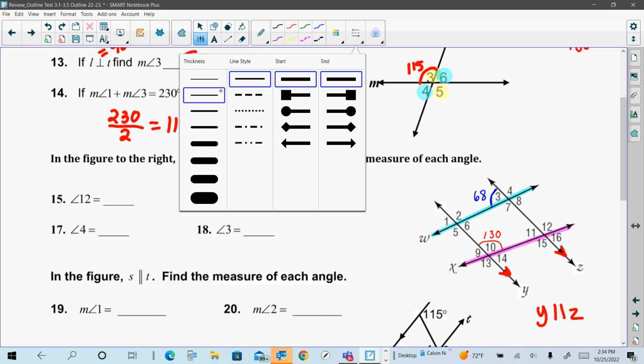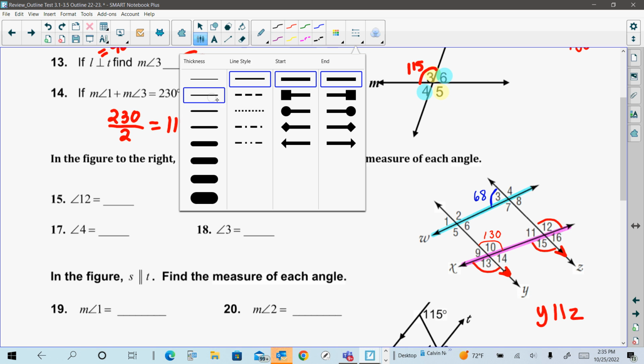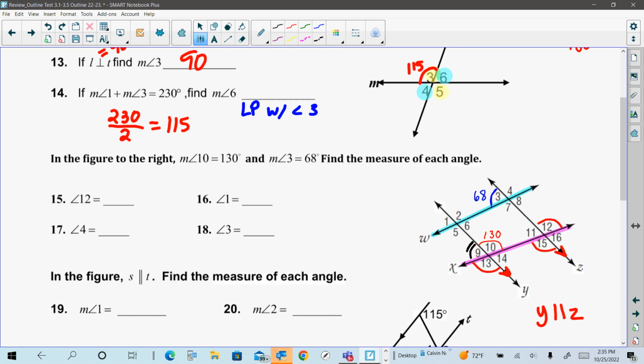So now that I know 10 is 130, I know it would be 130 here. And then that pattern is going to pretty much be the same. So in the same position, 130, 130. For its adjacent angle, if it's a linear pair, I could do a double arc here, which makes this 50.